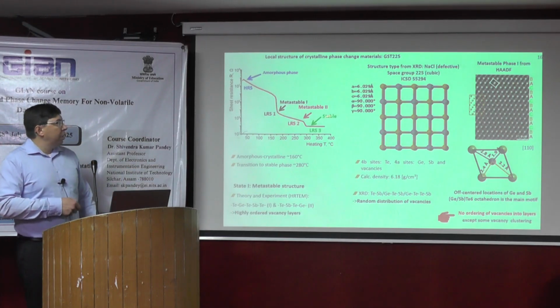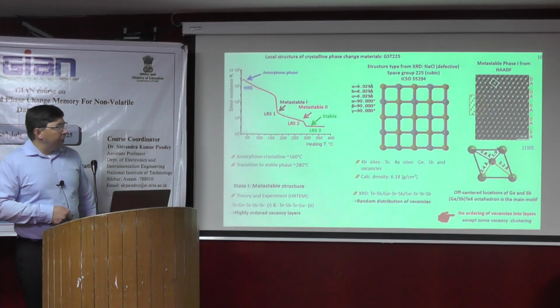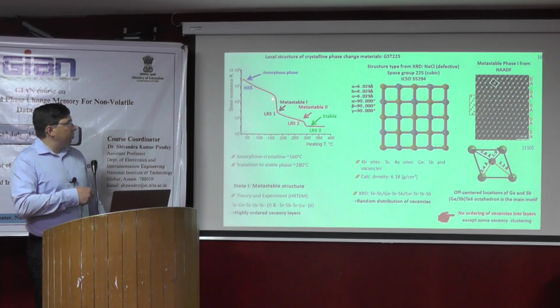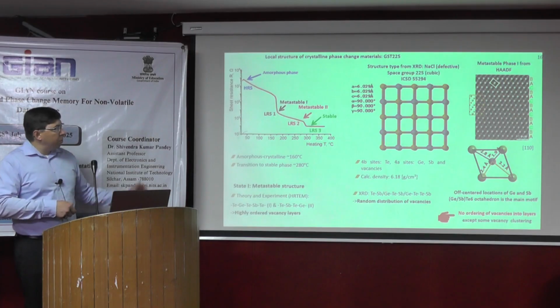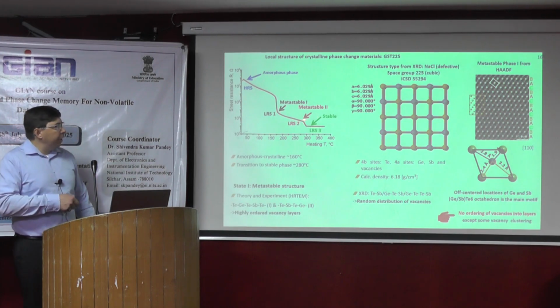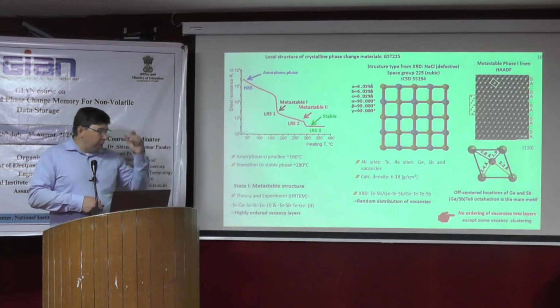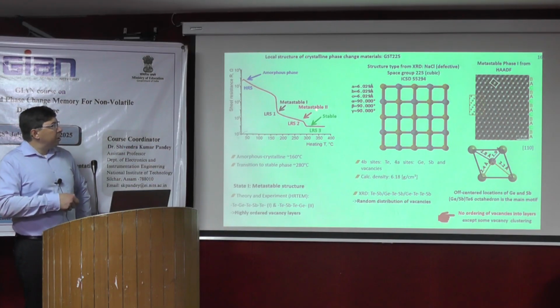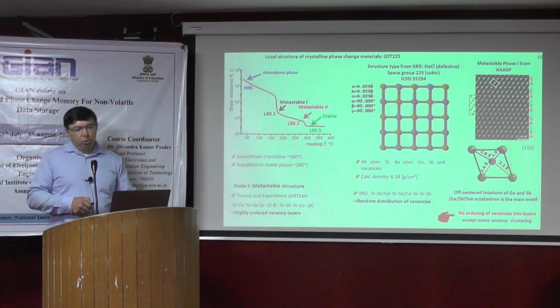But this phase is not so interesting for phase change applications because it is not involved in the phase transition between amorphous and metastable phases. But as I showed before, it's very interesting for thermoelectric applications, or in the case of phase change superlattices. But these metastable, cubic phases are difficult to produce, or almost impossible to produce, as powder.